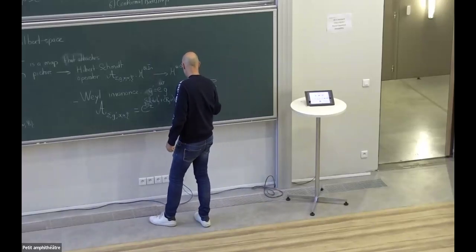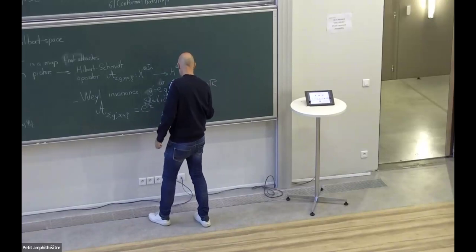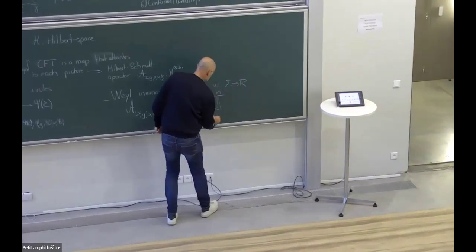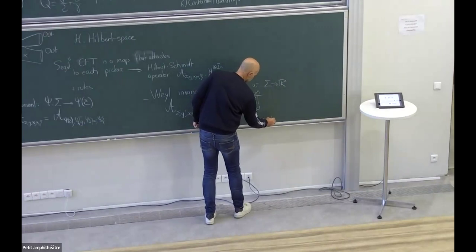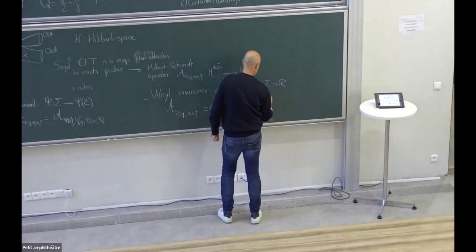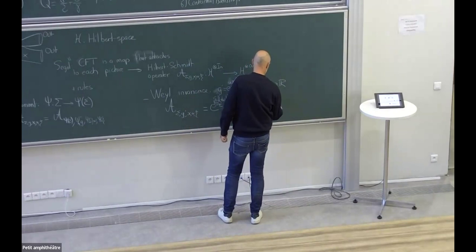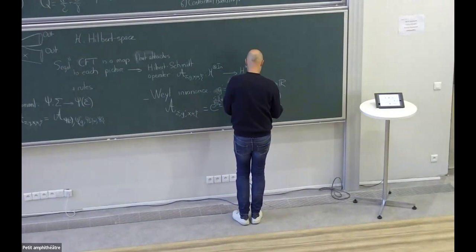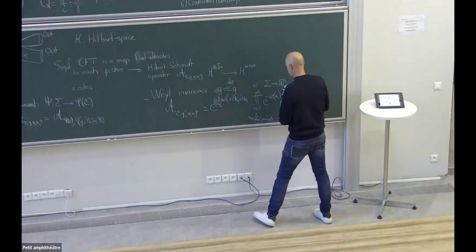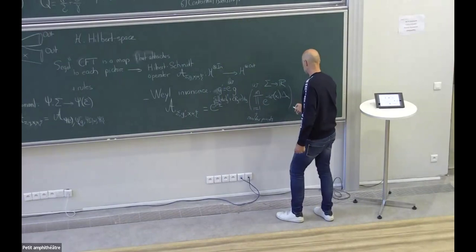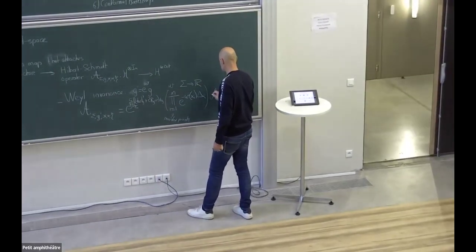Then you have a product over all the marked points. M is for marked points. And then, up to these two factors that are completely explicit, you have the same amplitude.